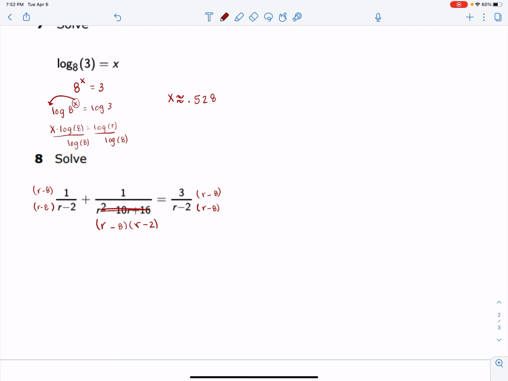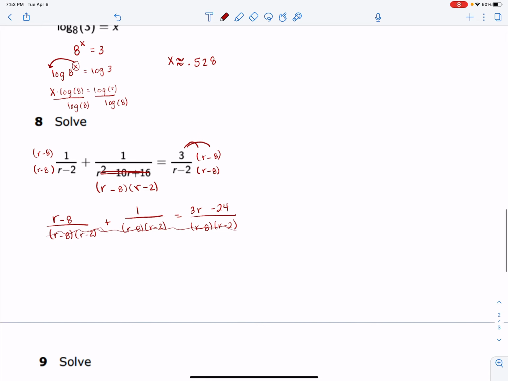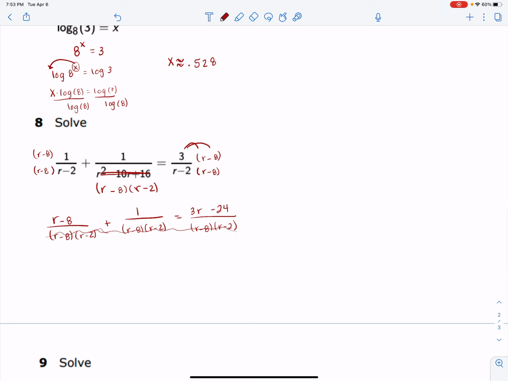So now I have (r - 8) times 1 is r - 8 over (r - 8)(r - 2), plus 1 over (r - 8)(r - 2), equals 3 times r is 3r, 3 times negative 8 is minus 24, over (r - 8)(r - 2). So now that all the denominators are the same, when we're solving, we can pretend they're not there, because all we have to do is make the numerators the same.